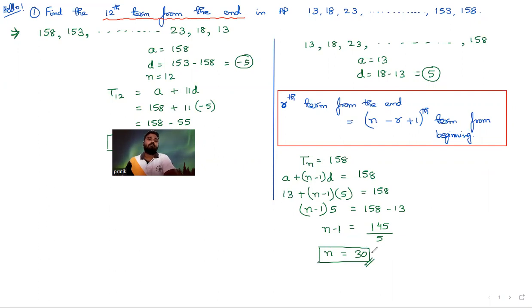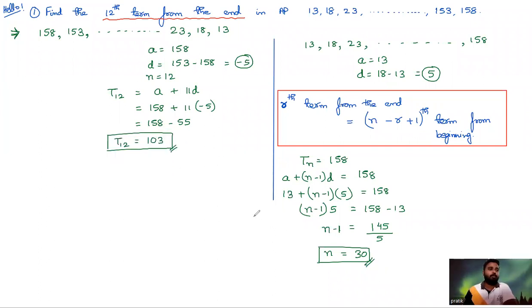This is the number of terms that you have. So now that I have to find the 12th term from the end, okay, sorry, 12th term from the end.